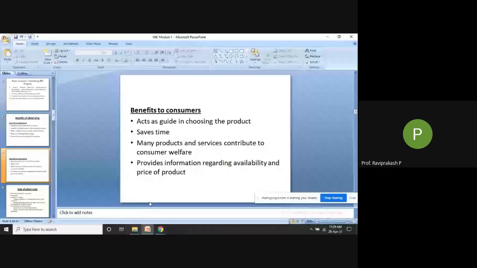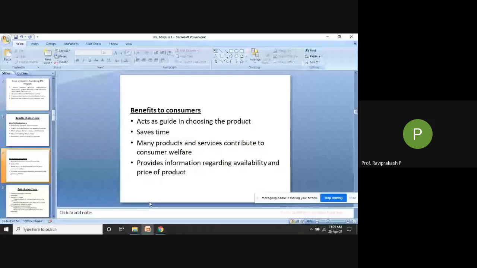Next is provides information regarding availability and price of the product. You might have seen this much grams of the product at this particular price. This is also information provided by the company to the consumer. So he doesn't need to go there and check whether he has that much money or whether it fits his budget.